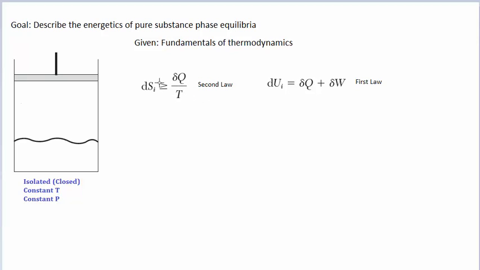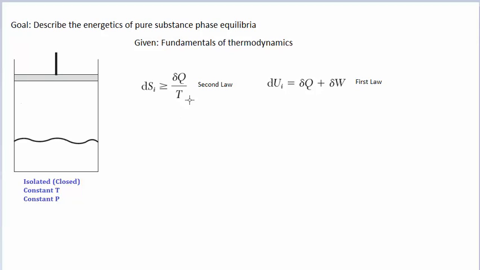So what we've done here is we've used an inequality saying the entropy will be greater than or equal to heat over temperature. And here we're allowing irreversible processes in expanding the second law. So if it was a strict equality, we would have reversible heat, but since we're saying there's irreversible processes that we could model, the heat isn't necessarily reversible, and you have the chance that your entropy is going to be higher because of that.